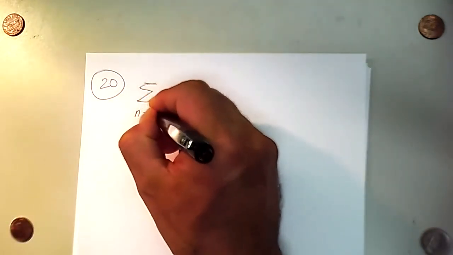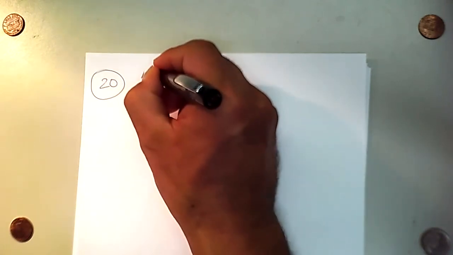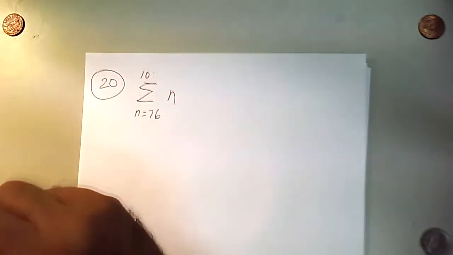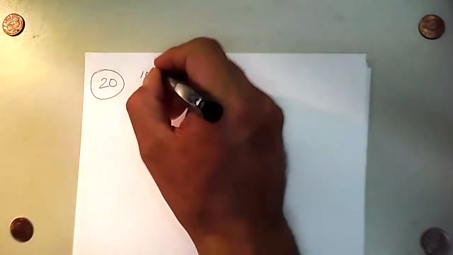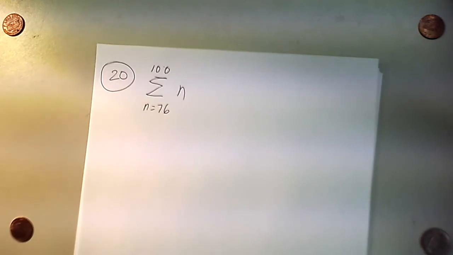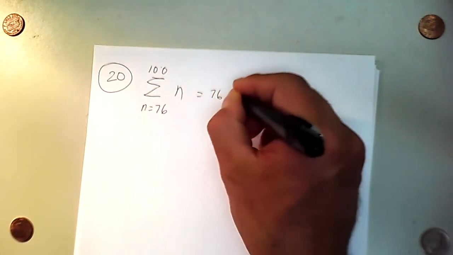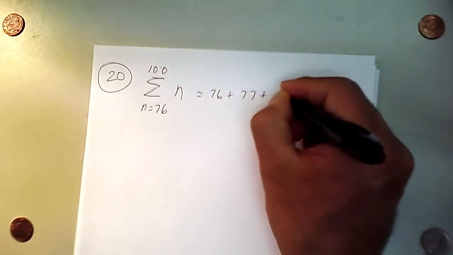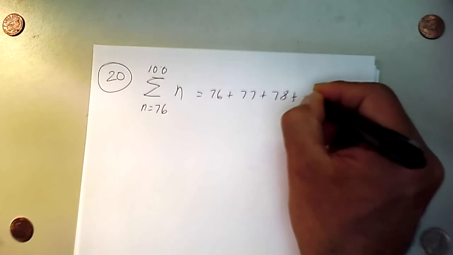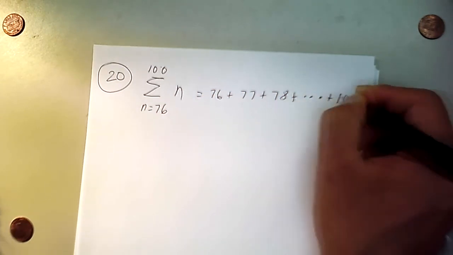Start with 76 and end with 100. Yeah, there's the challenge. So that is 76 plus 77 plus 78 plus all the way up to 100.